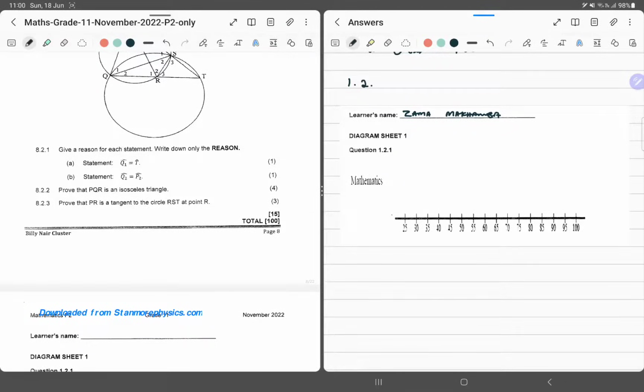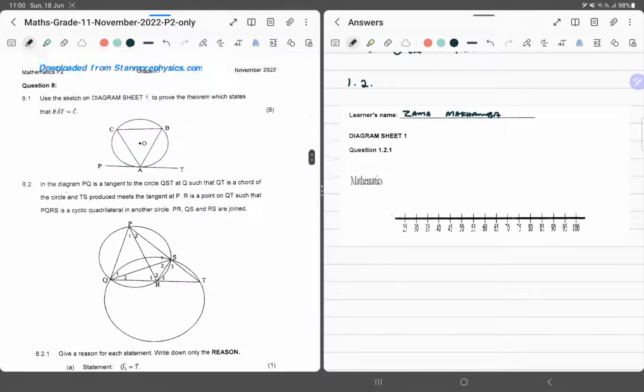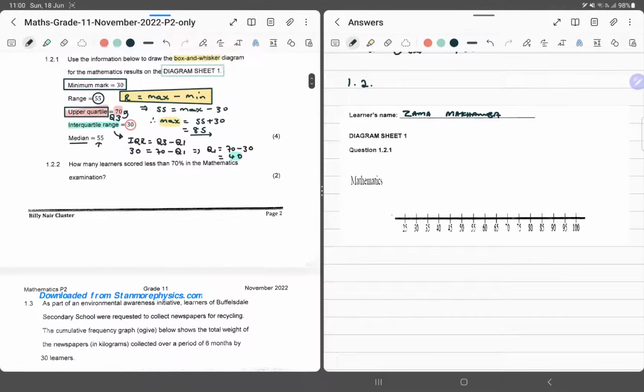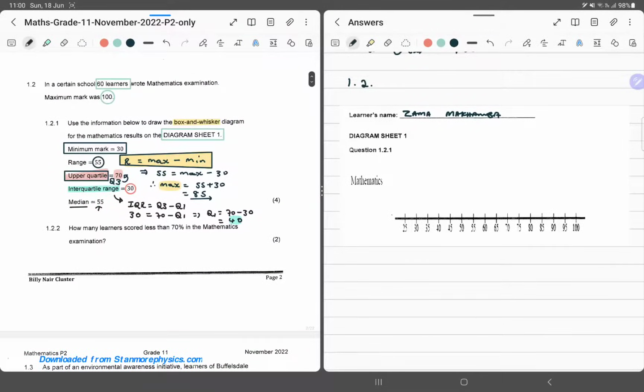So when we draw a box and whisker, we always first have to look at our Q1, Q3, and Q2. So this one is basically Q2, the median.